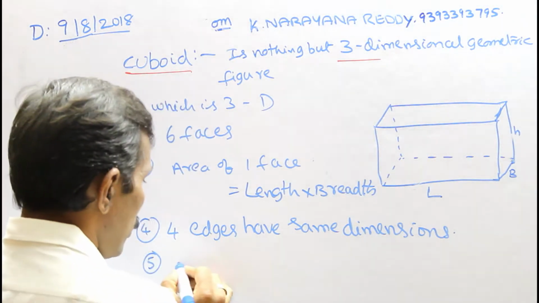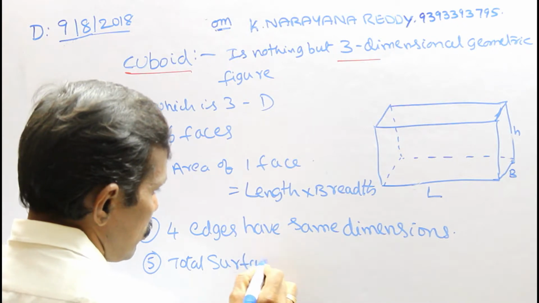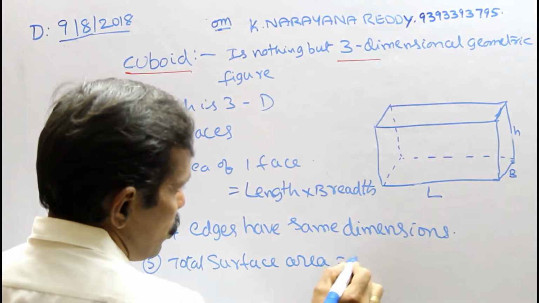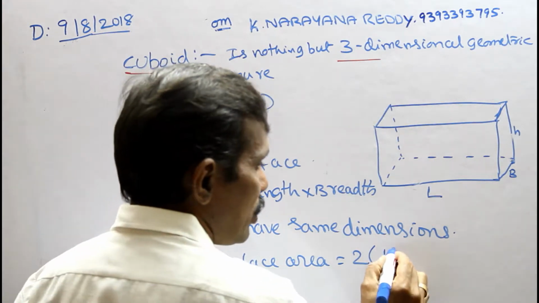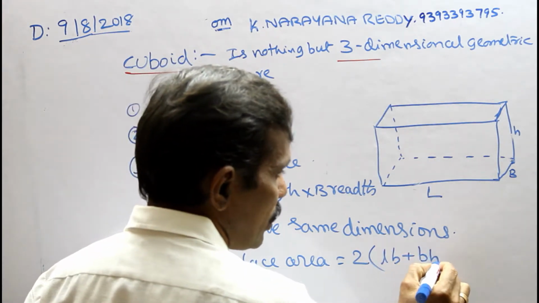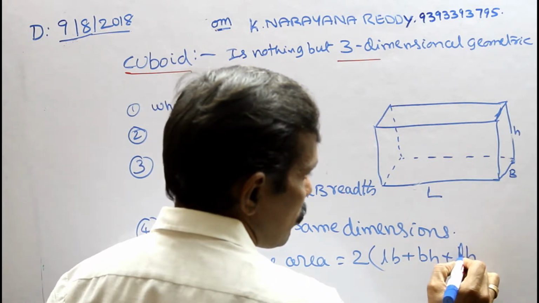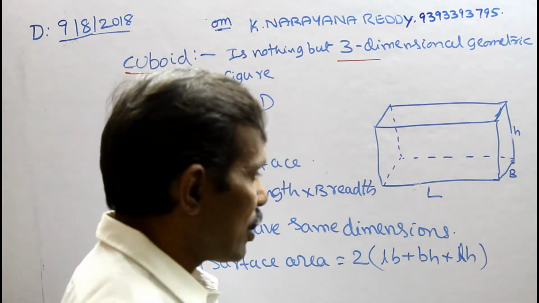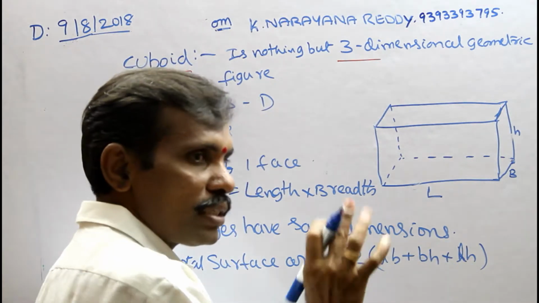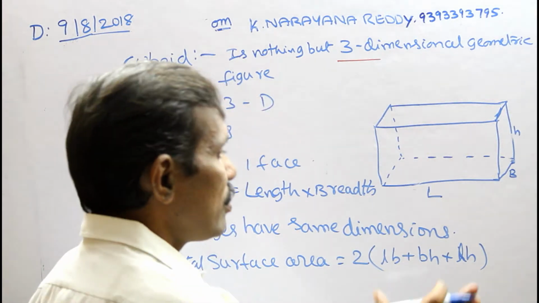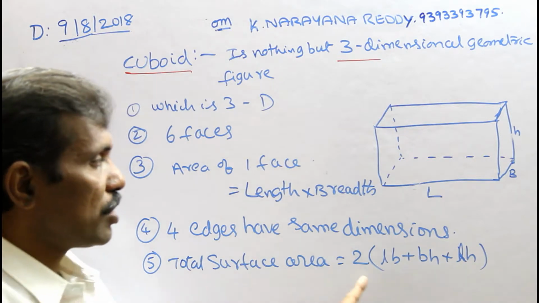Total surface area equals 2 into length into breadth plus breadth into height plus length into height. That is, 1, 2, 3 multiplied by 2 you get 6 faces. That is total surface area.